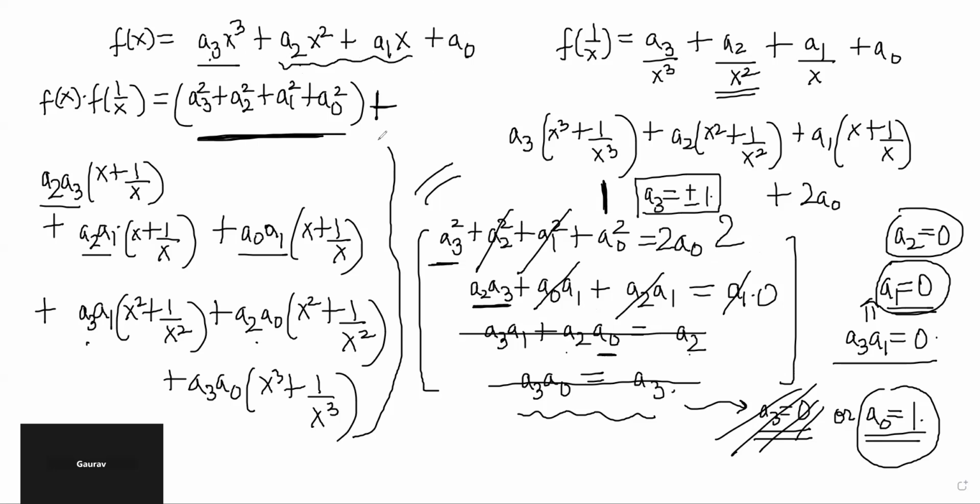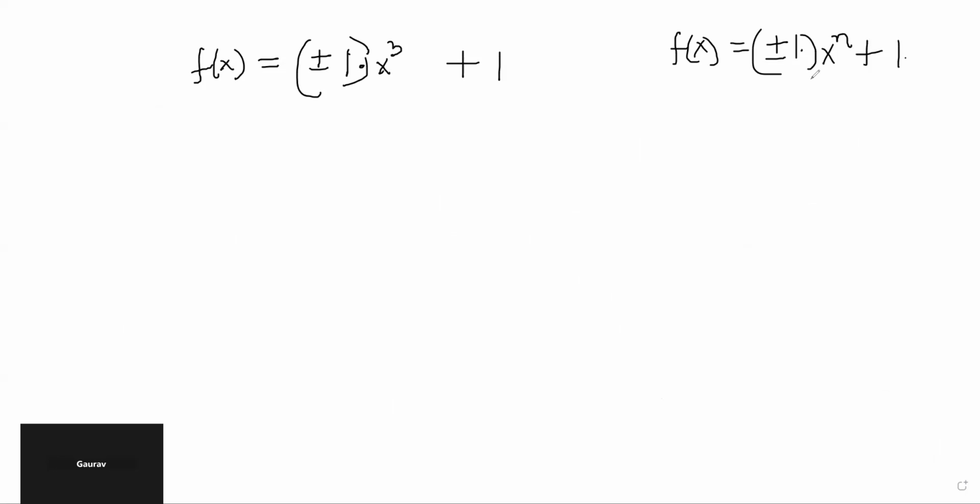So you're getting f of x will be, if it was a degree 3 polynomial, plus or minus 1 x cube plus 1, right? Do you understand what we have gotten? In general, for n degree, it would have been something like this, plus or minus 1 x power n plus 1. Do you understand?